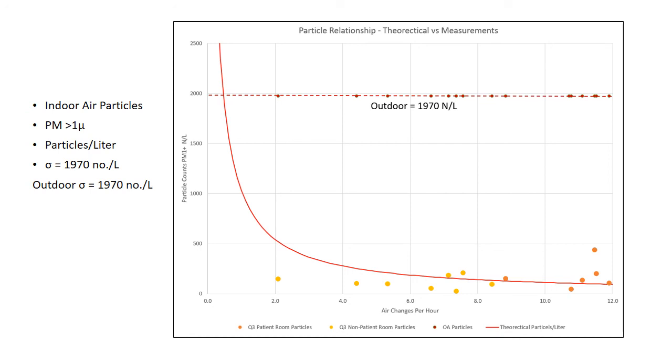Again, with this one, we have our outdoor air at 1970. Using that mean, we can plot this theoretical relationship of what we believe particle data should look like within the spaces, and then plot these points around that. And again, I think the same thing is true here, that we are clearly out in the asymptotic portion of this curve.